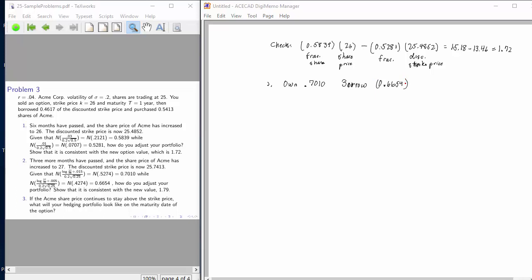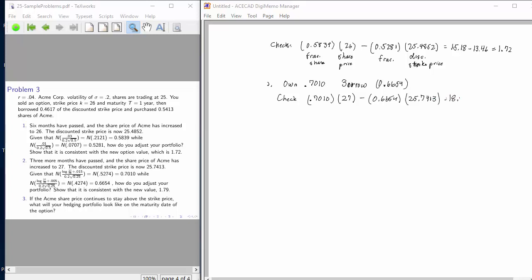So what is this portfolio worth? Well, here's my check. I say my portfolio consists of 0.701 shares of Acme, now priced at 27, but I have borrowed 66.54% of the discounted strike price. That you can see is now getting very close to 26.